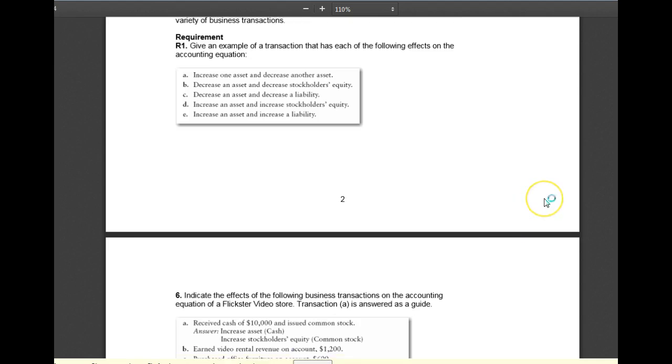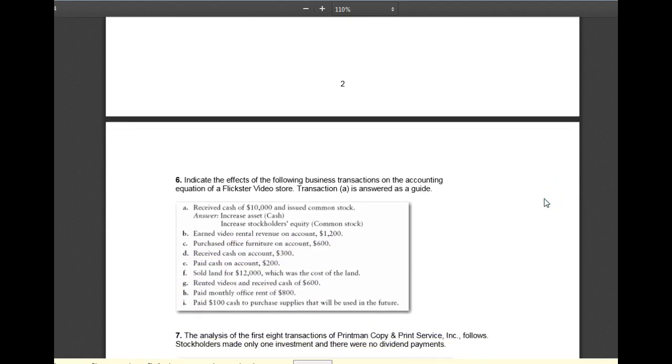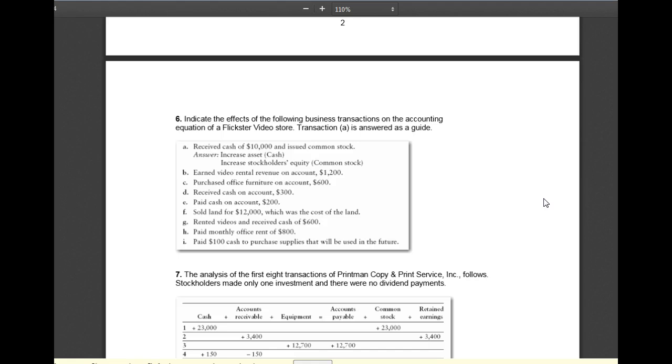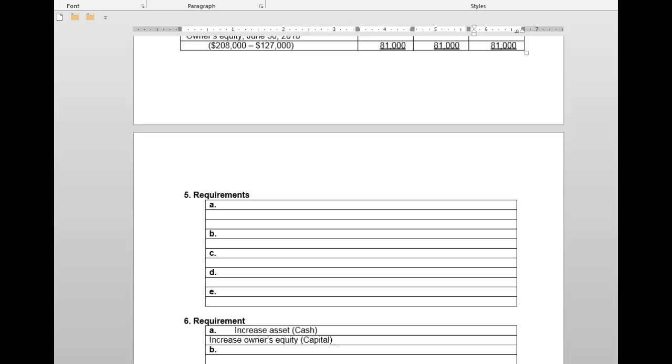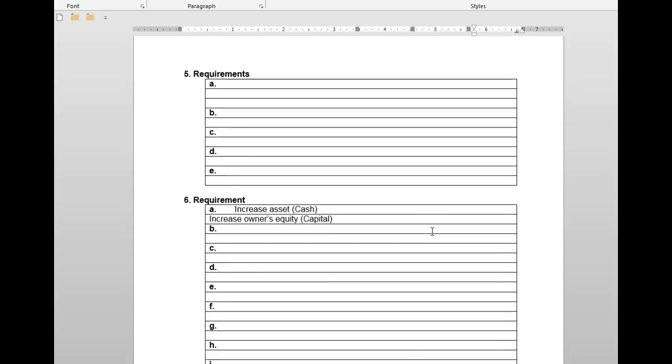So let's look at 6 now. Now 6, we're going to start looking at actual transactions that go into a grid. So let's go see what we have up here for number 6.